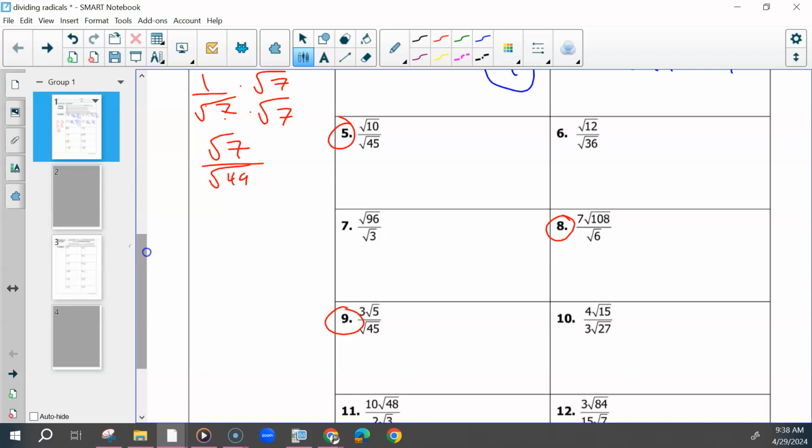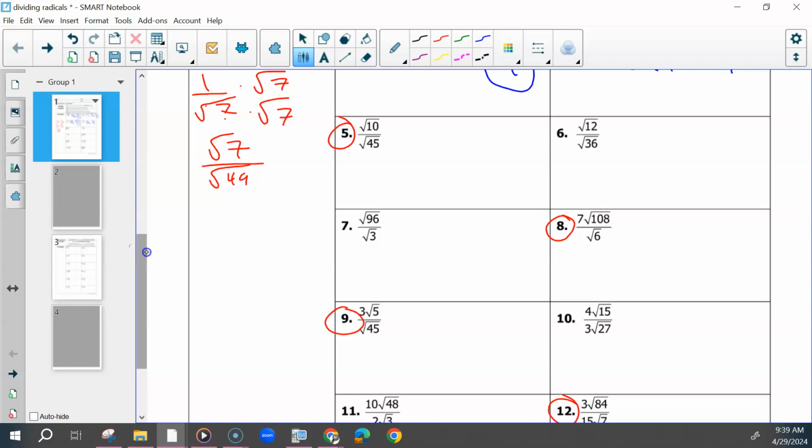Okay, so each of these you have a choice. Do you want to simplify as is, or do you want to combine them back into one fraction and simplify it that way? So I could rewrite it as the square root of 10 over 45, one big fraction, or we could simplify the square root of 45 and deal with that.